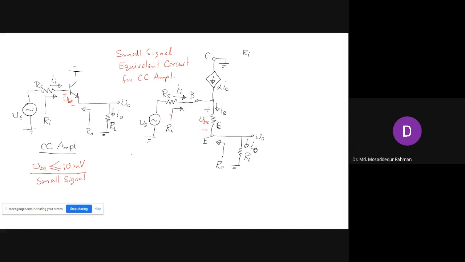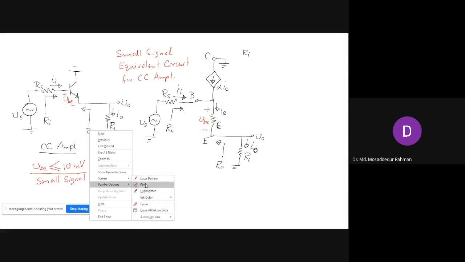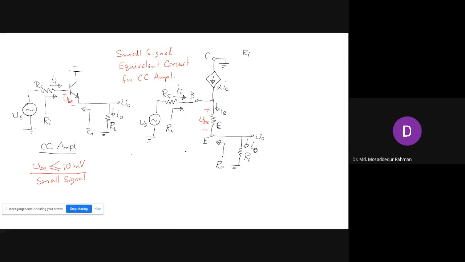Okay, coming back to our main point, we need to determine what the input resistance Ri is. So what is the input resistance Ri? Sir, RE plus RL. RE plus RL, that's it.